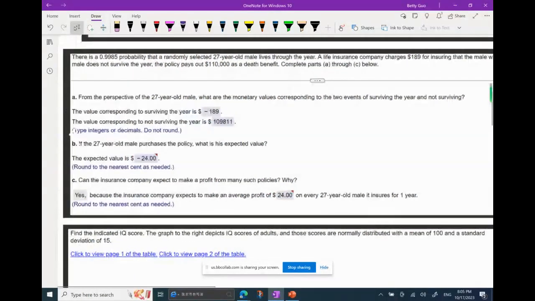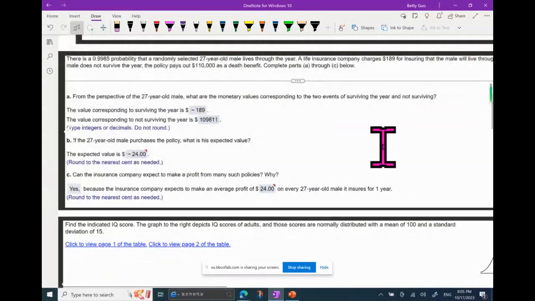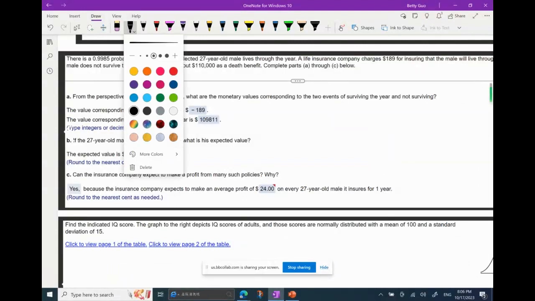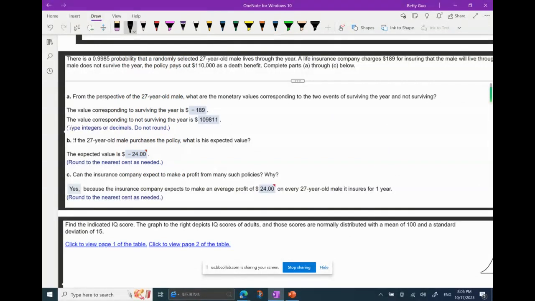This is going to be a probability distribution problem. Part A. From the perspective of the 27-year-old male, now we are a 27-year-old guy, we're considering, am I going to buy the insurance or not? So, two cases. Either I survive or I die.